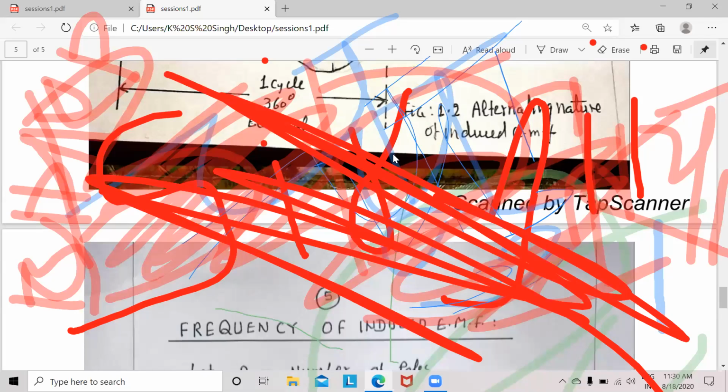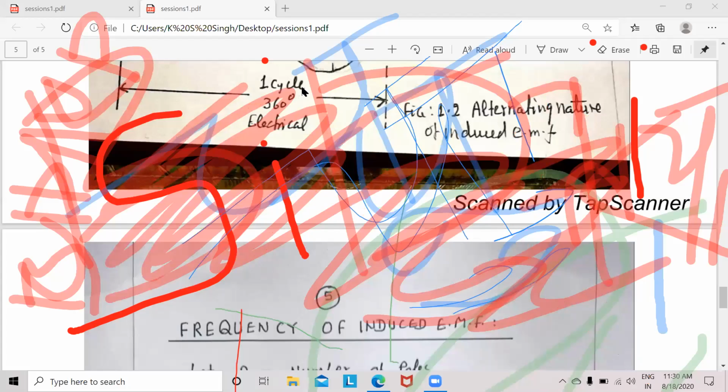Due to this reason, it is known as an alternator. And in the case of a DC generator also, the voltage induced is alternating voltage, but it is rectified.